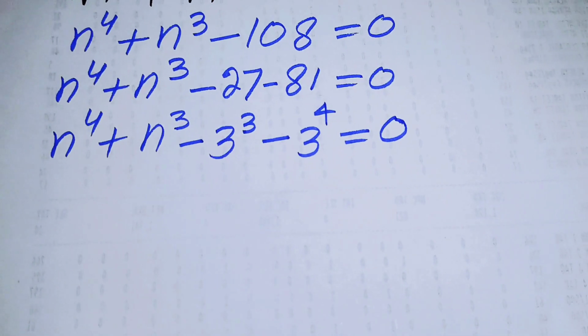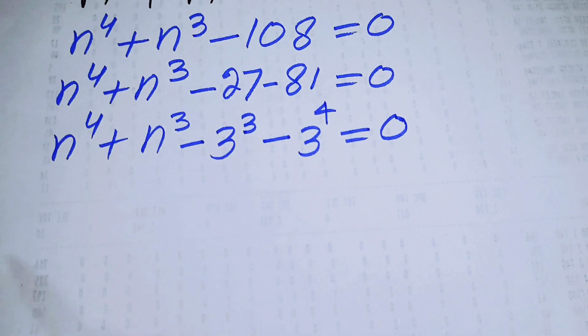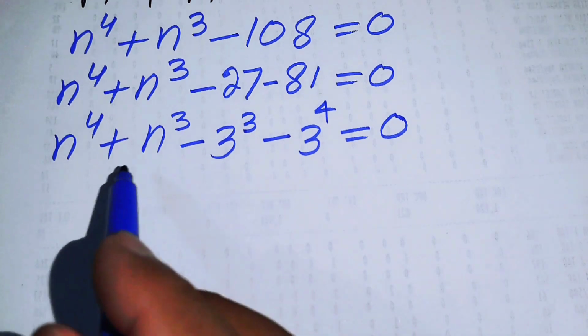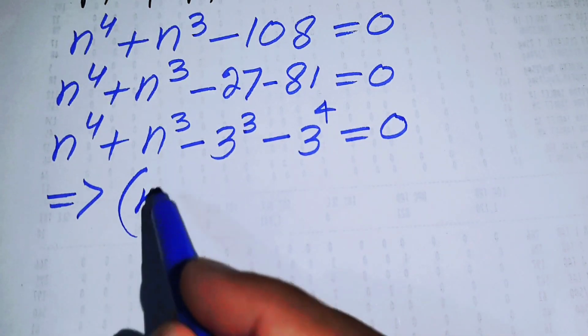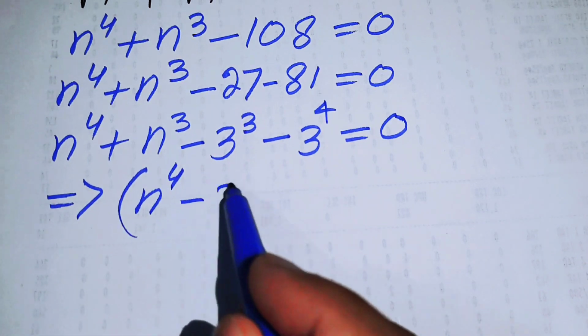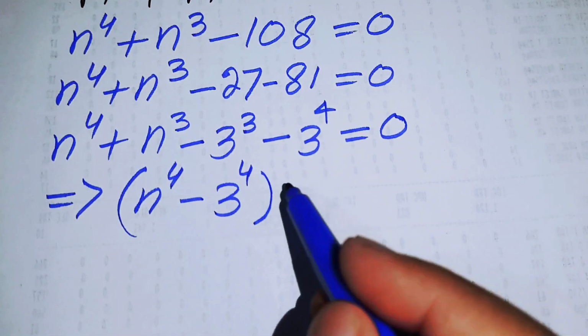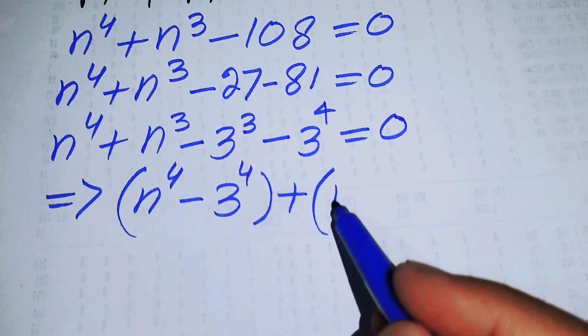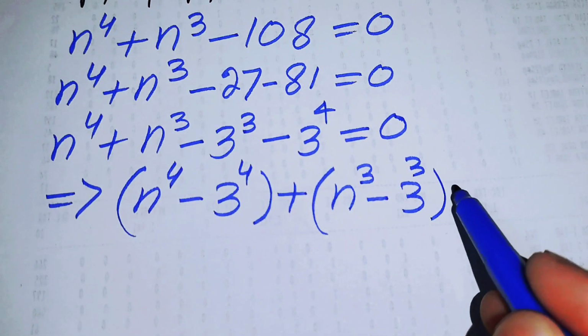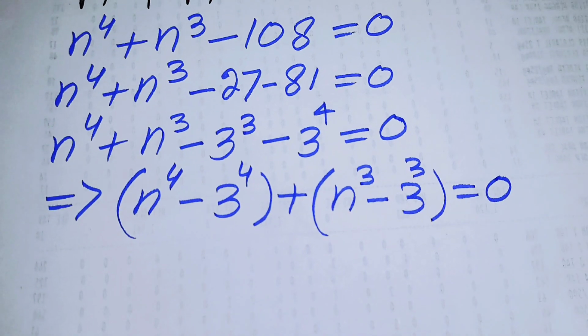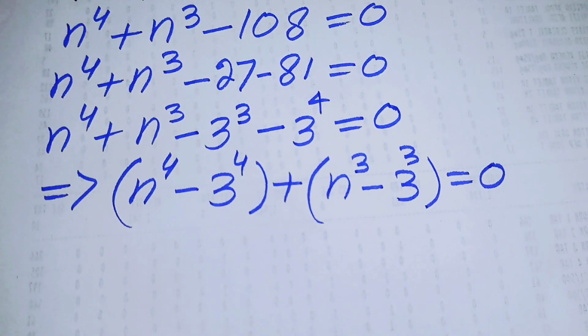And now we can make the pair of the fourth exponent term and the cubic term, so that the pair of fourth exponent terms are n to the power of 4 minus 3 to the power of 4, plus here we have n to the power of 3 minus 3 to the power of 3, and this whole equation is equal to 0.